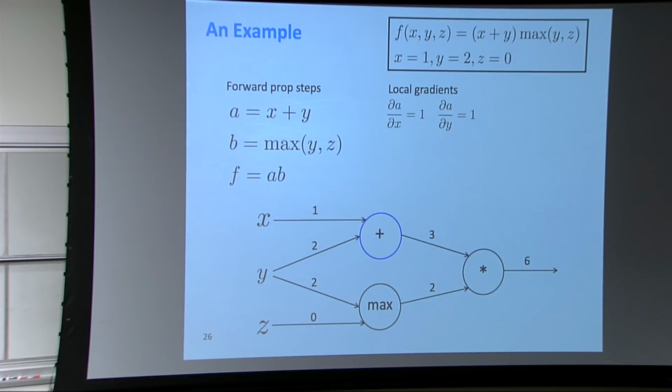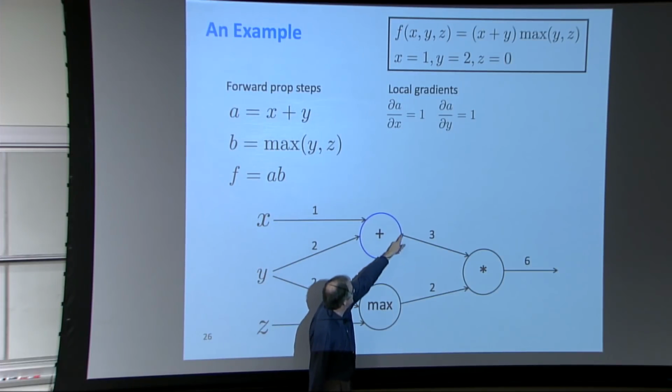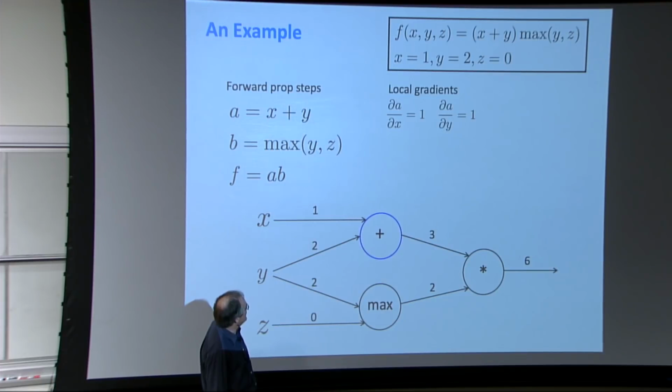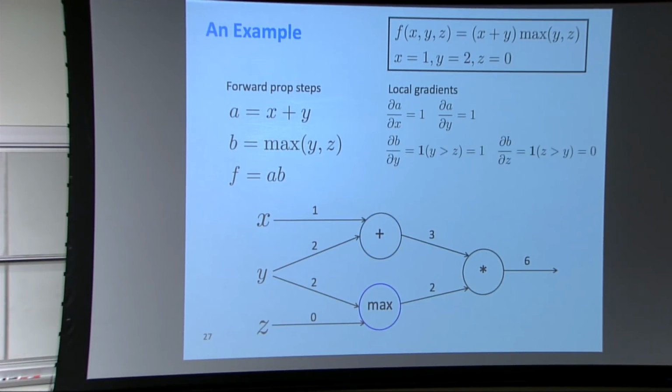Okay, so the next step is to run backpropagation to work out gradients. So we want to work out these local gradients. A is the result of the sum, so A equals x plus y. If you're taking dA/dx, that's just 1, and dA/dy is also 1. That makes sense.